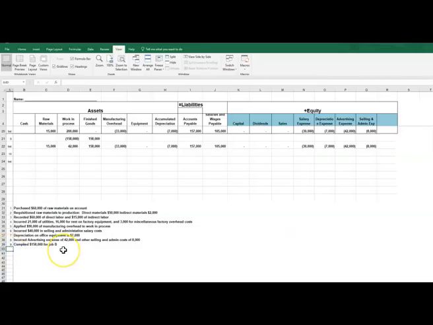All right, so we've completed it, and now we're going to sell it. So we would say something like sold medallions for $225,000. The cost of the medallions to make was $118,500.